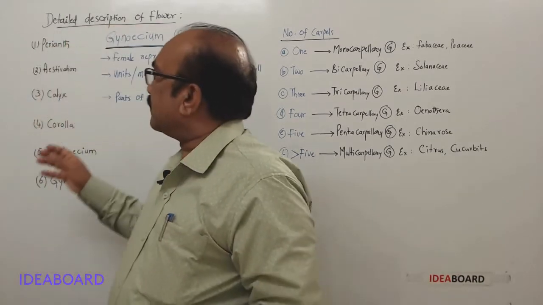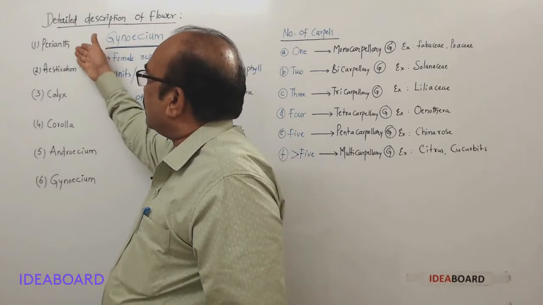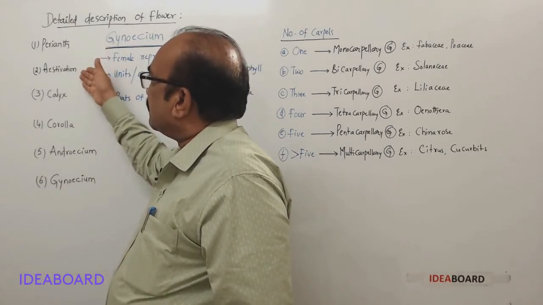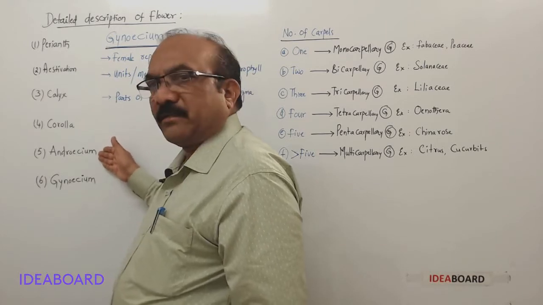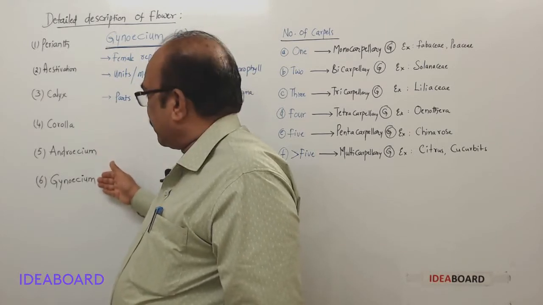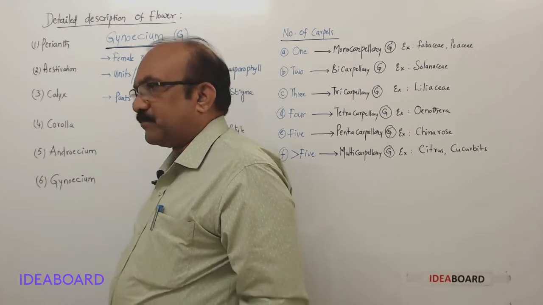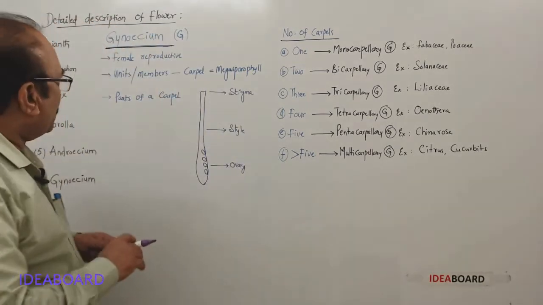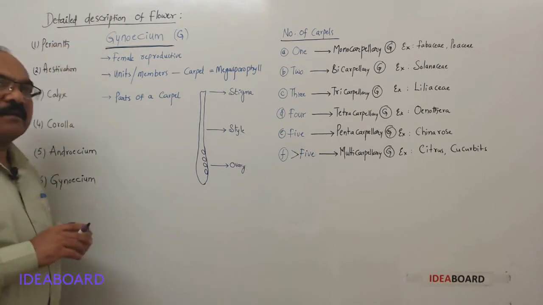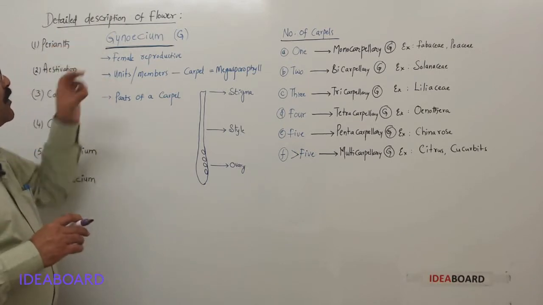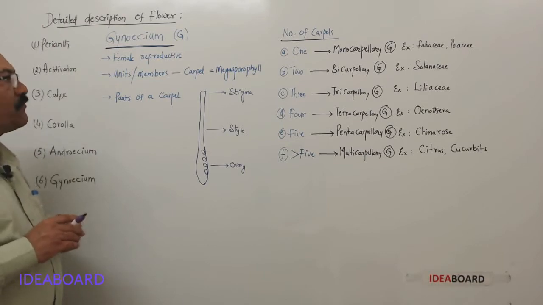In that we have already discussed perianth, aestivation, calyx, corolla, and also the sand tissue. And now we will discuss gynoecium. This gynoecium is the female sex organ of the flower, or female reproductive organ of the flower.